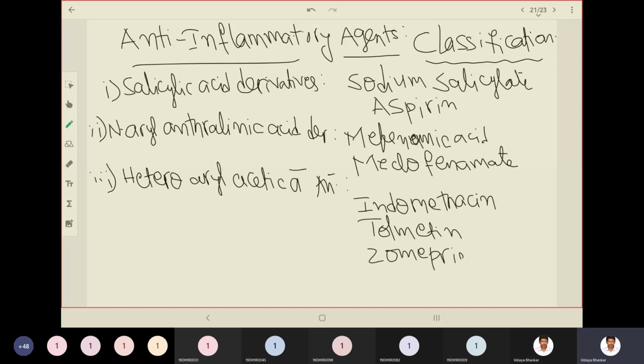These are the examples for heteroaryl acetic acid.